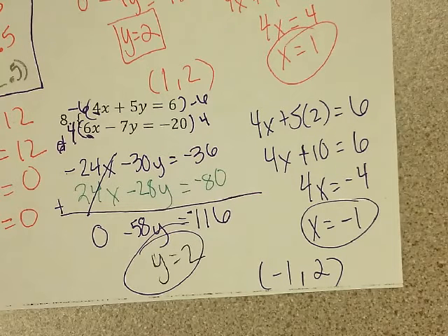There's one on each board, and then there's one on the door. If you're doing the one on the door, you'll work it out on this whiteboard.